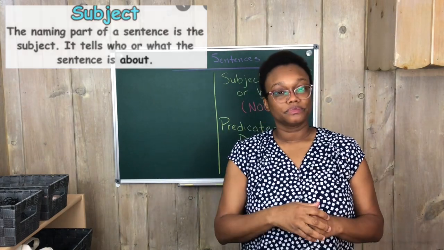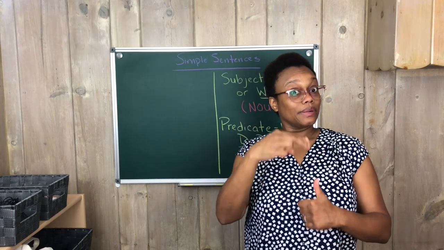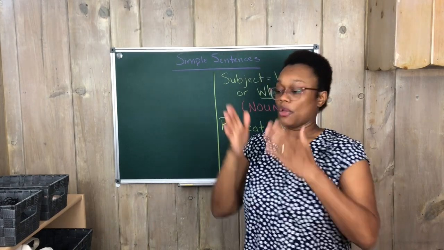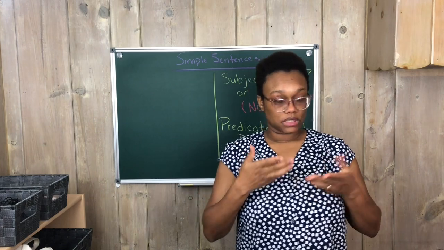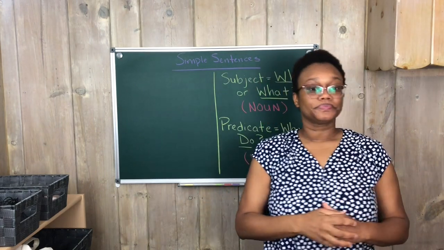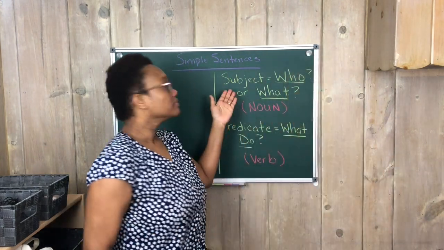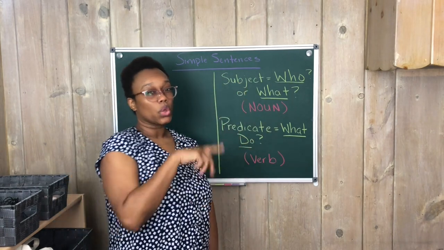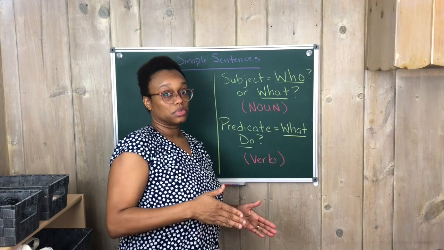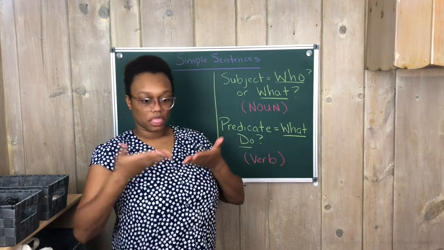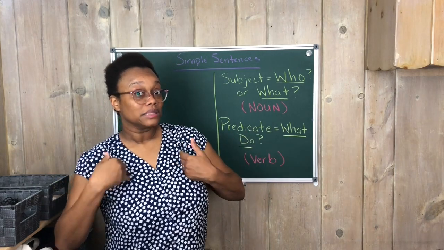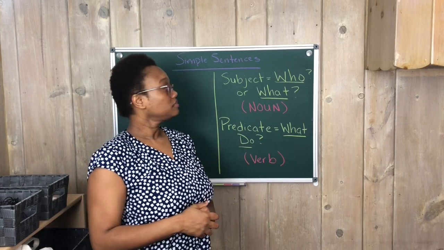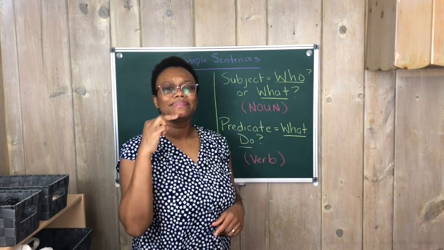It's always going to be a noun. Do you remember what a noun was? It's a person, place, thing, or idea. The subject, who, applies to a person, and the what is about a thing, an animal, or an idea. Always a noun.